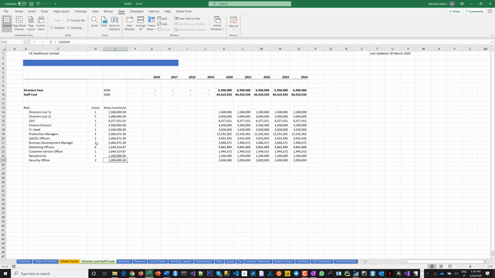You can always add more as you deem fit for the company you are modeling for, or remove. But you get the whole concept of how this all comes together. And once you know that the salaries are not going to be static, you can adjust upwards, or the number of people the company will hire, you can always adjust upwards and downwards, even for the individual years. Not necessarily should you have it pegged to whatever I have done. So you can always at a point begin to deviate from this.